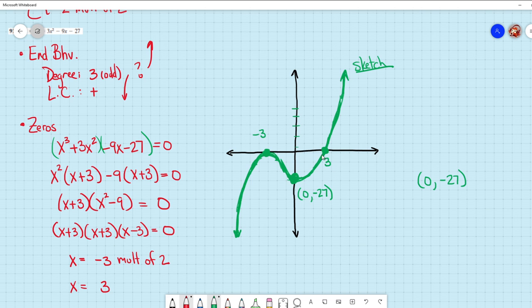This is why I tell you guys, label the points. Because if you're not labeling, then you're having to spend time letting me know what the scale is of each tick mark. But if you label the points, it makes it so much easier and less work for you, because I now have the exact information. Okay, here's where it's crossing through. Perfect. But if you don't put those there, then what do I have to go off of?